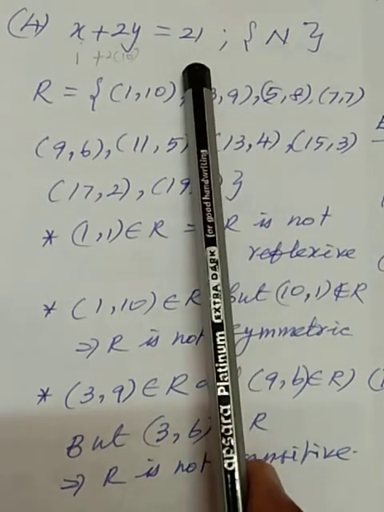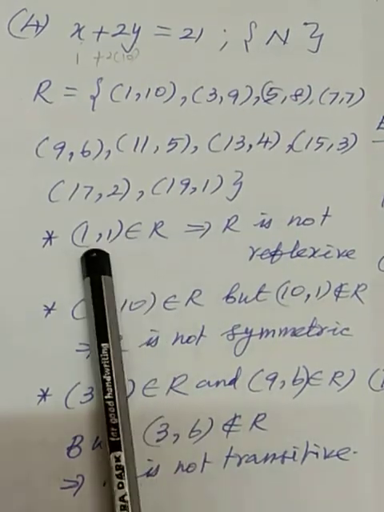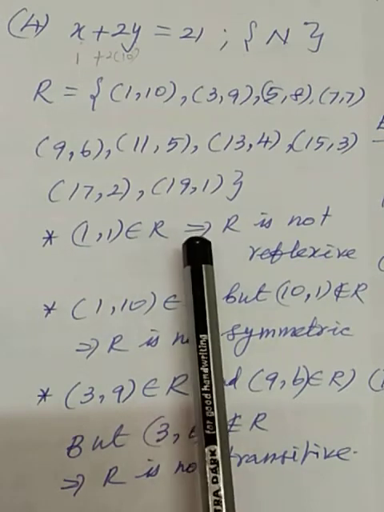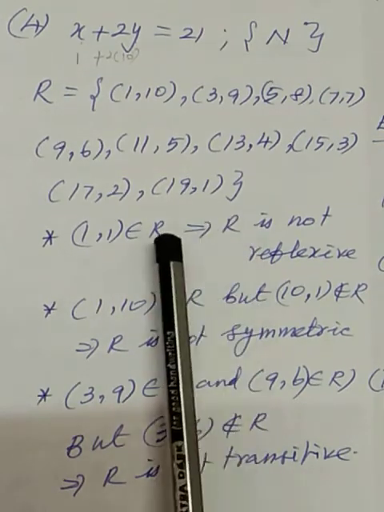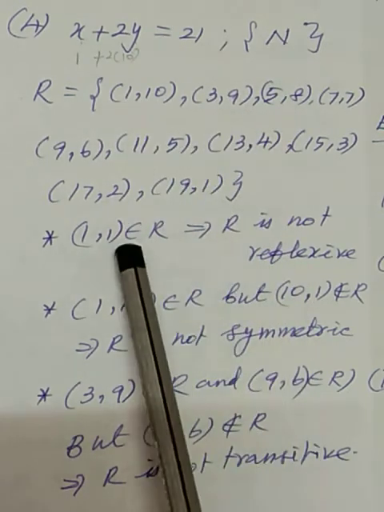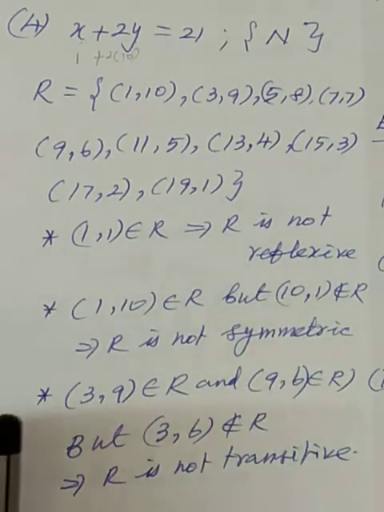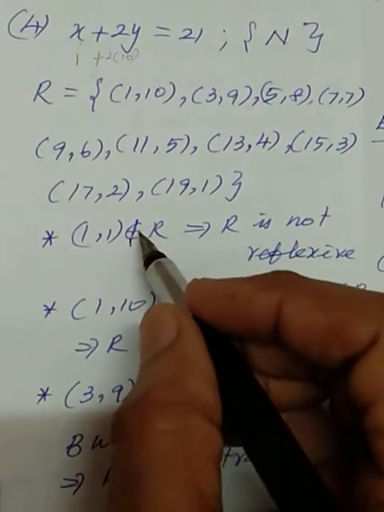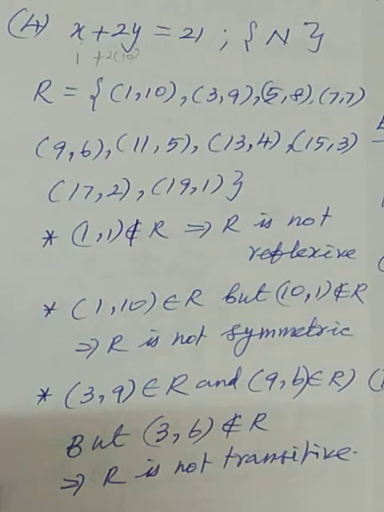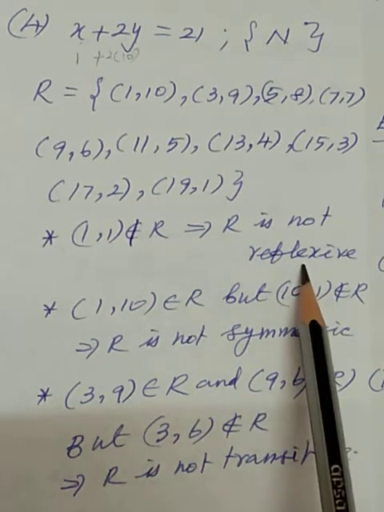The numbers starting from 1, 2, 3, etc. If it is reflexive, then all the elements (1, 1), (2, 2), (3, 3), etc. must belong to R. But here no such element is in R. (1, 1) doesn't belong to R. Likewise (2, 2) also does not belong to R. Therefore R is not reflexive.